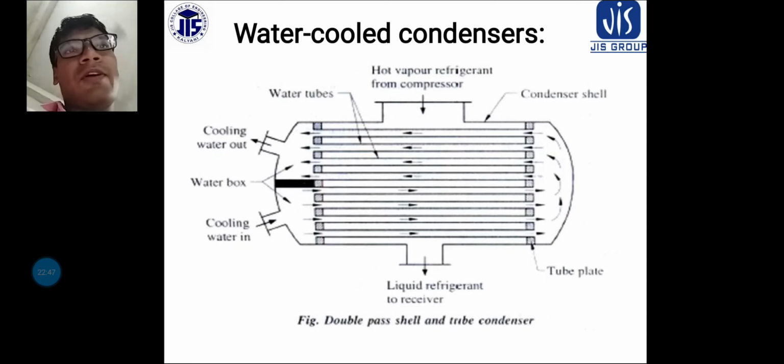Since copper tubing cannot be used with ammonia, this type of condenser is made of steel pipe for ammonia.